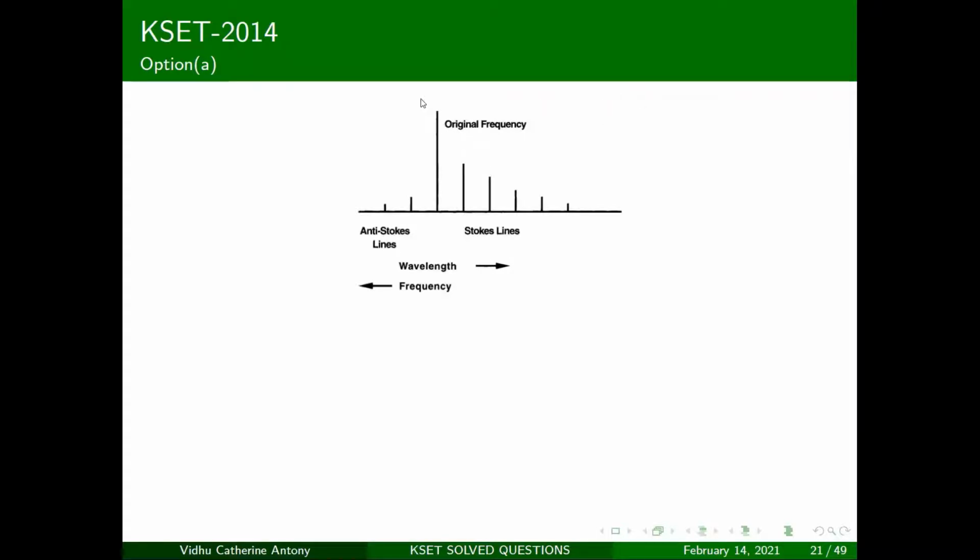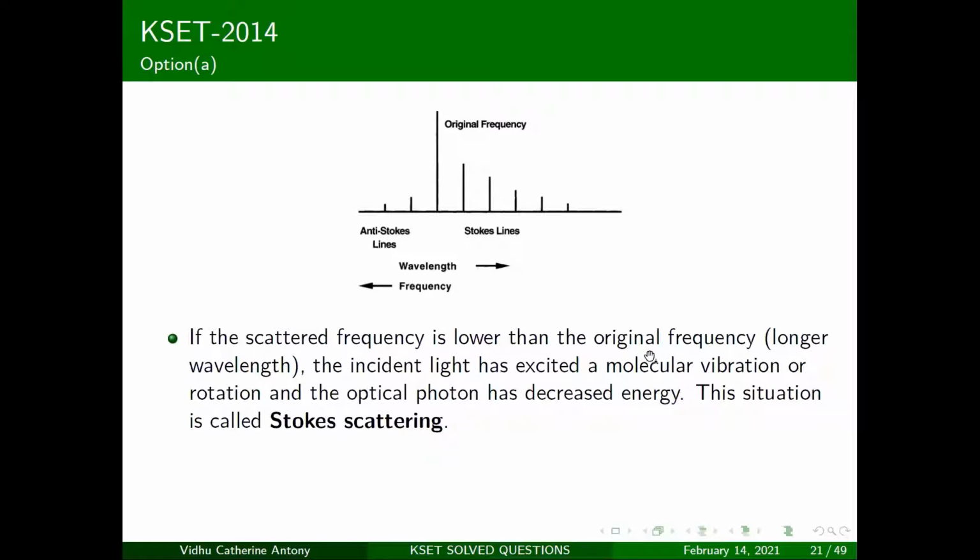Okay, so let's look at the next line. If the scattered frequency is lower than the original frequency, the longer wavelength region, the incident light has excited a molecular vibration or rotation, and the optical photon has decreased energy. This situation is called Stokes scattering, and you have Stokes lines.